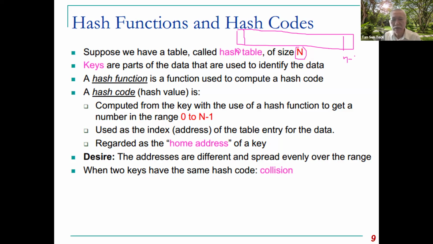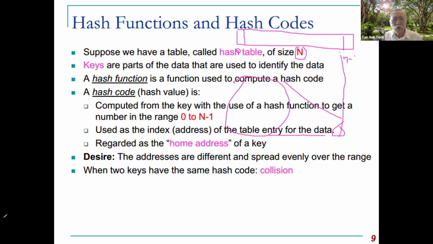Whatever big numbers the keys are, they are going to be hashed into this table of size n. We use this hash code produced by the hash function as the index to the table so that we can put the data inside, delete the data, or retrieve the data for some processing.